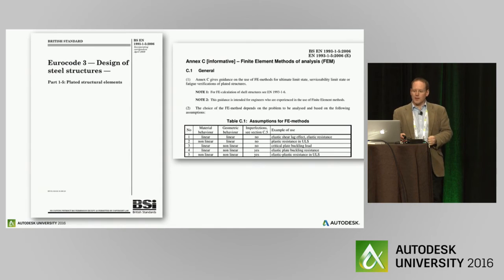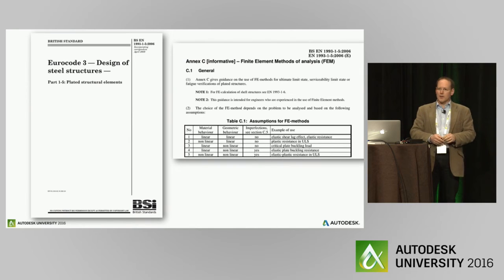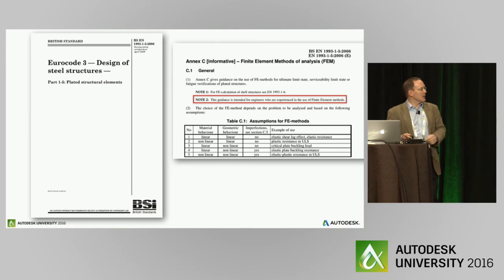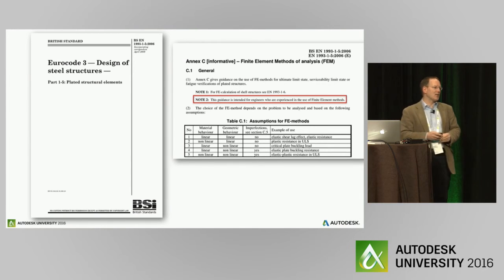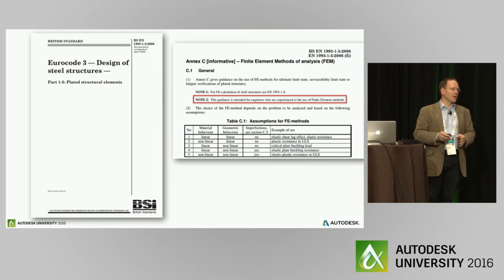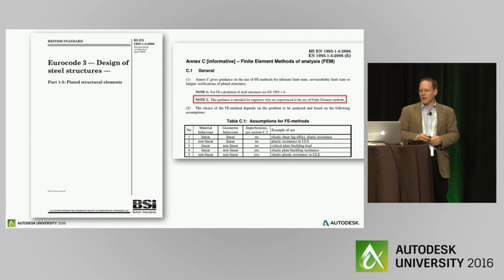And there's also part 6 of Eurocode 3, which is about shell structures. And so the tool uses both of those. And I would suggest it's well worth a read, particularly the bit in part 5 here, which is about needing to understand how finite elements work in your design tools. So it's a good read. It's not a particularly long read, but it helps understand what the tool is trying to do. So that's one thing I'd recommend.